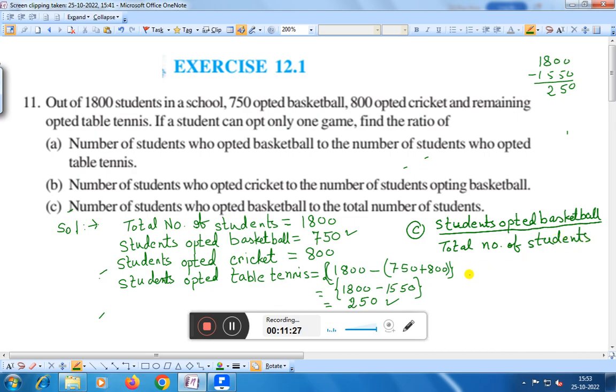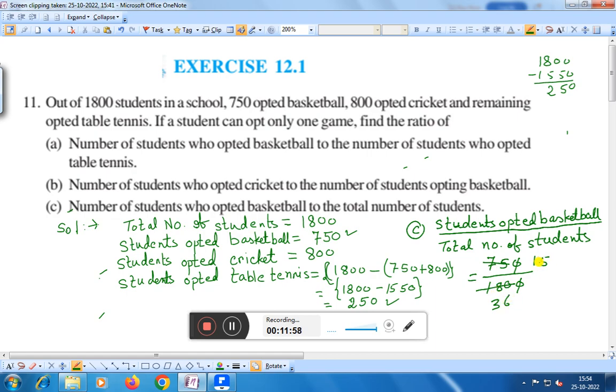Students opted for basketball is 750, by the total number of students, here 1800. This 0 will cut. Again we divide by 5, 5 5s are 25 and 5 6s are 30.